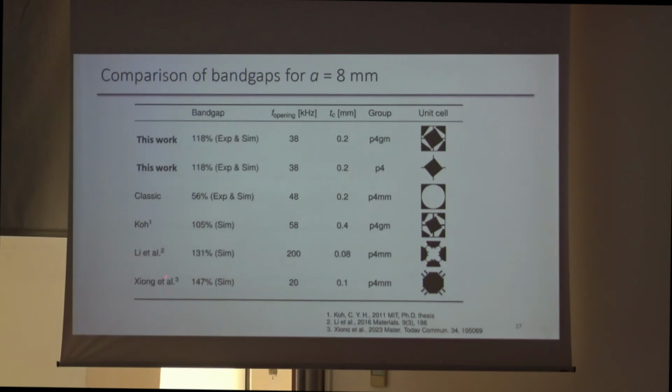So there is one work that reports a bit larger bandgap, and it's quite recent. It's 2023, but they report it only numerically, and we actually could not repeat it, because if you look at this structure, the connectors here are pixel size, so they are super thin, and it's simply impossible to fabricate. But also this structure has very intricate features. This also has some antennas.